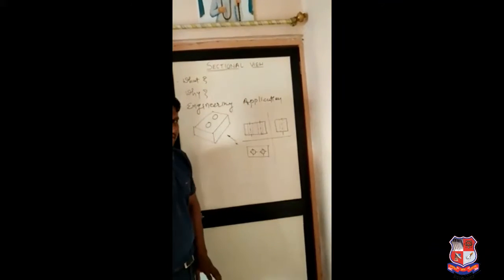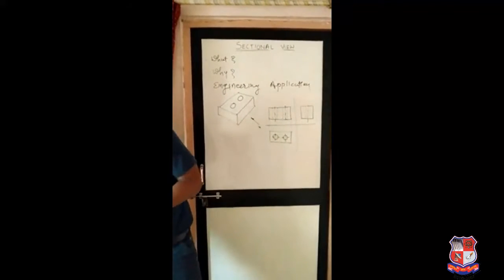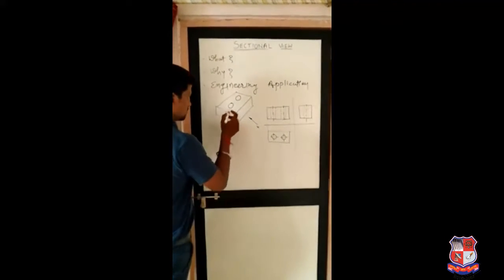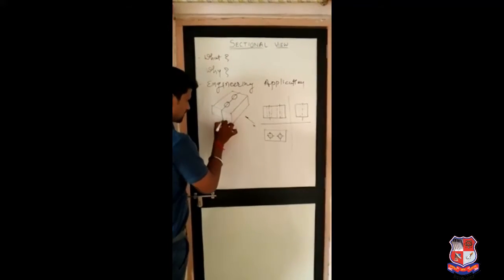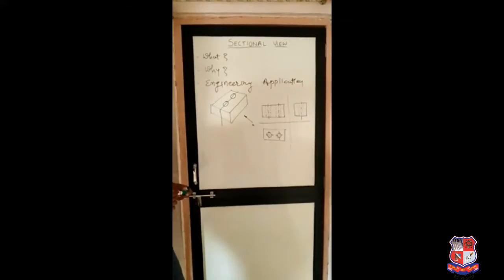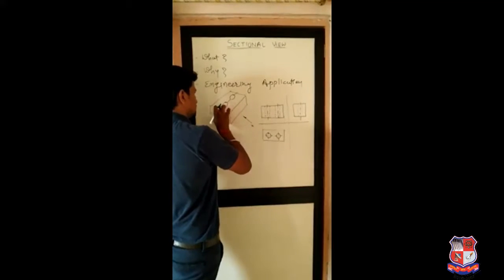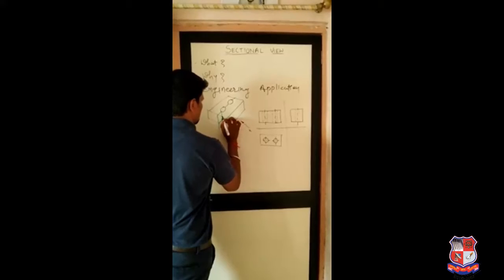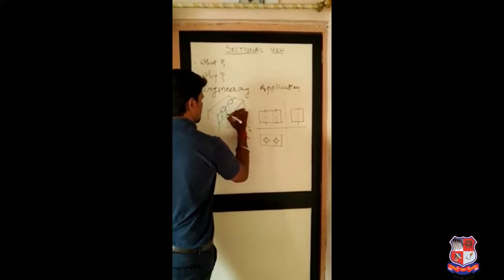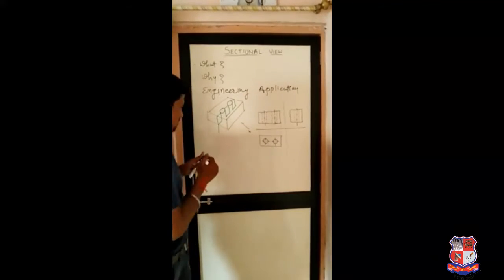Now in this case, if we cut the object from here, we are going to cut the object from here. So after the cutting of the object, the object will look like this.